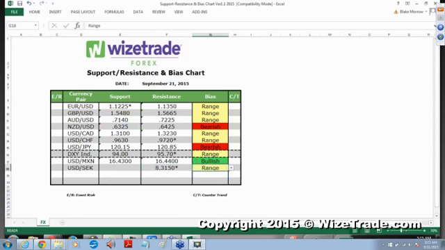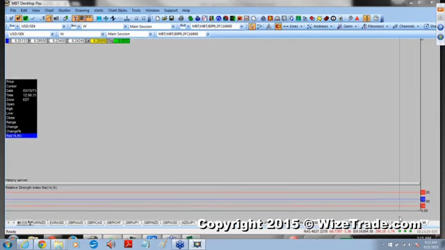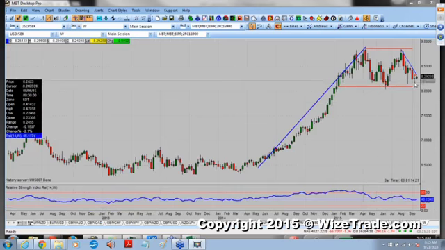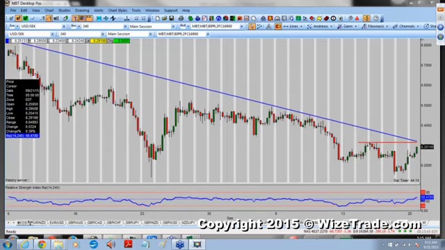We're in a range, but we're at the lower end of the range in a really bullish longer term trend. Support's going to be back down here at 820.